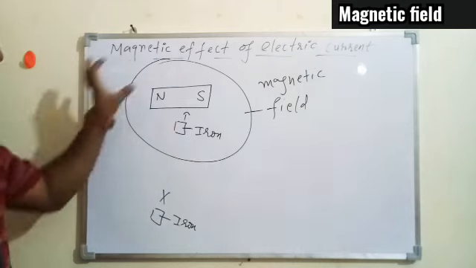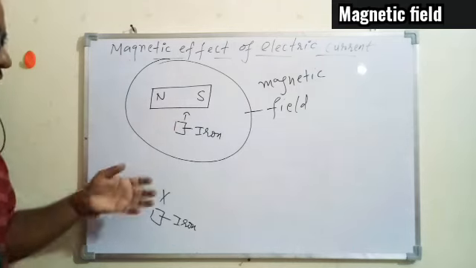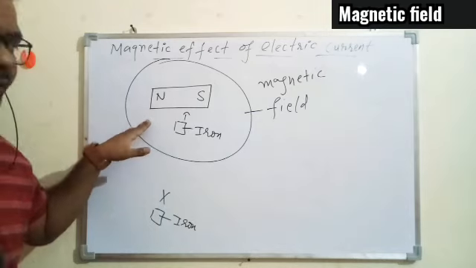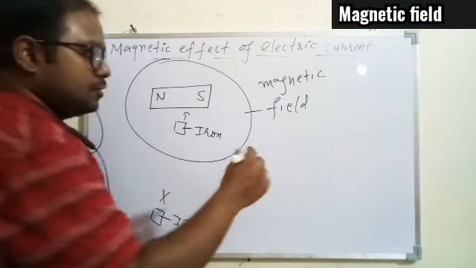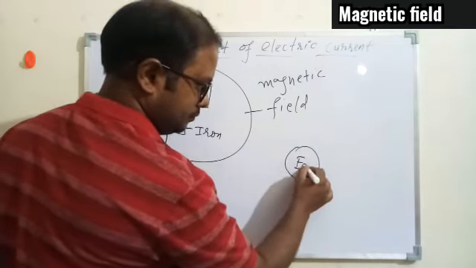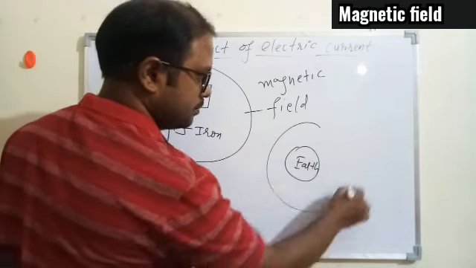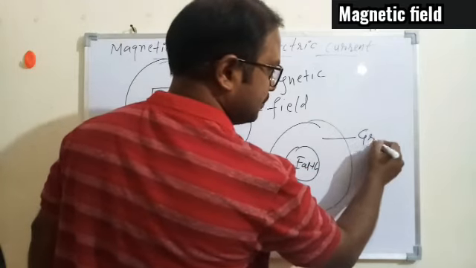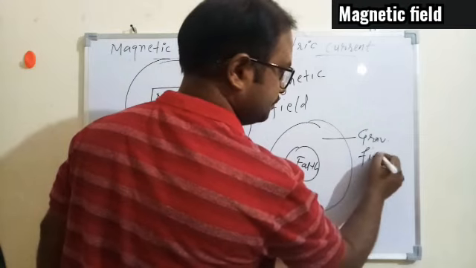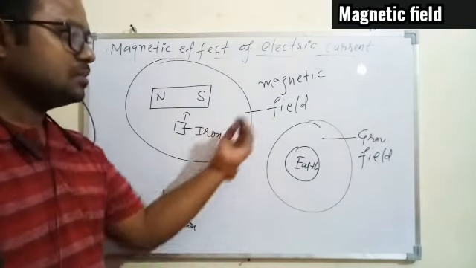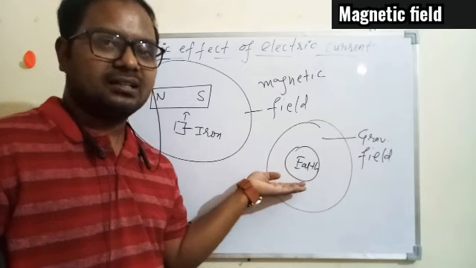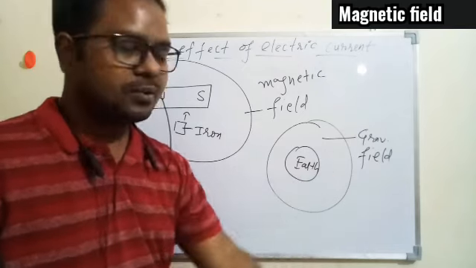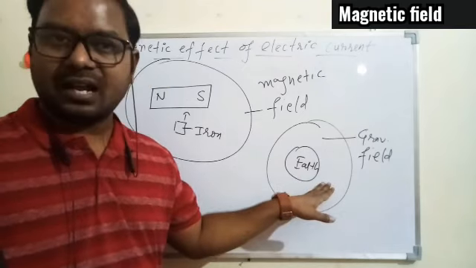Within a particular space in 3 dimensions, the strength of this magnet can be felt. Same like the earth: within some space it has the gravitational field, and the earth can attract anything. If you escape from the field, the earth cannot attract you back.